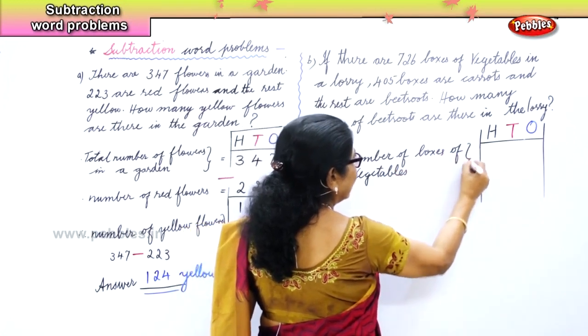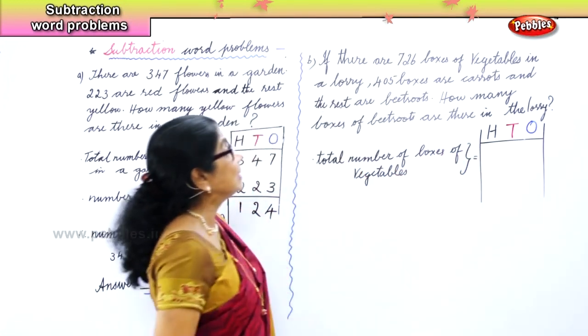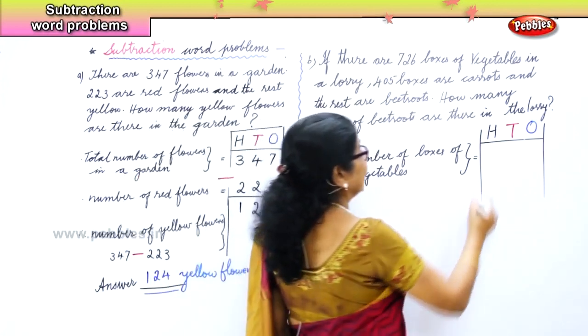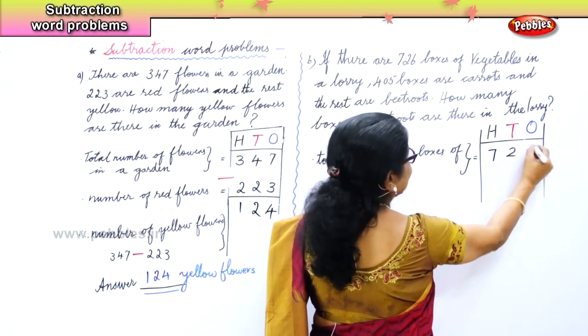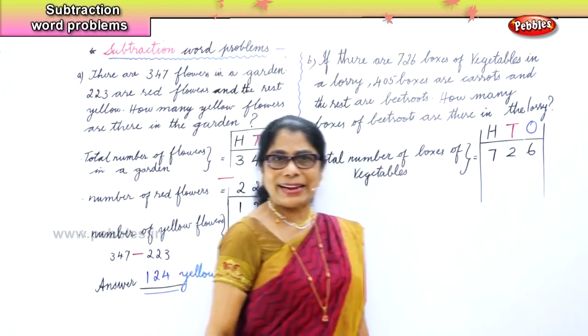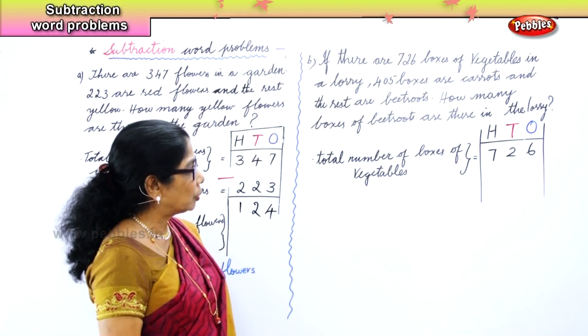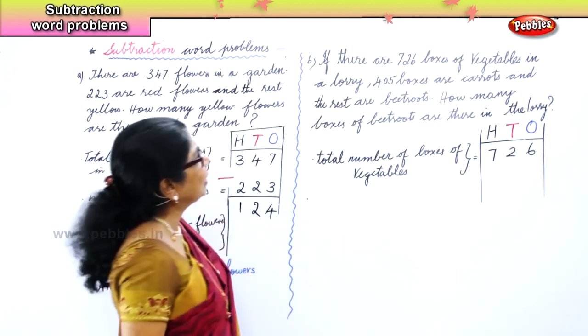What is the total number of boxes of vegetables? 726: 7 hundreds, 2 tens, 6 ones. Okay, what is the next statement?